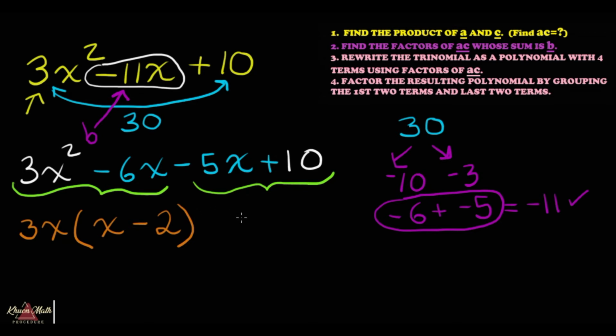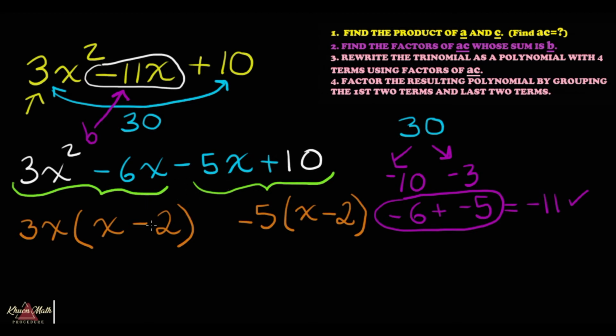And then here, you need to pull out a negative 5. Negative 5 times what gives you negative 5x? That's x. And then we need a minus, because negative 5 times what is positive 10? That's going to be 2. So we went on and factored each group.